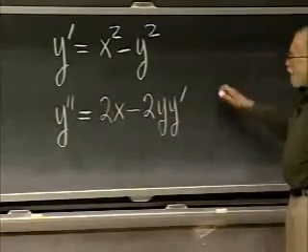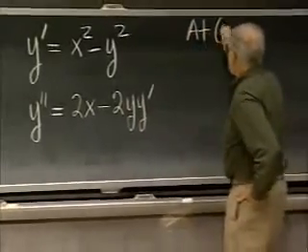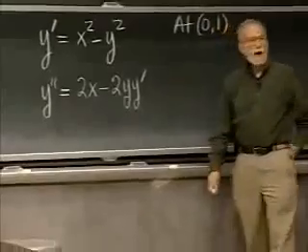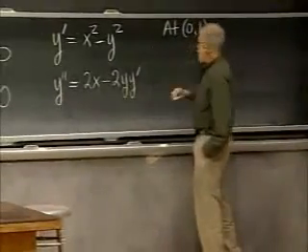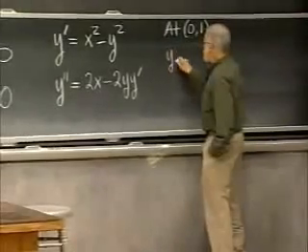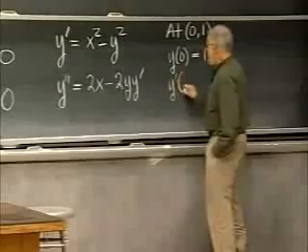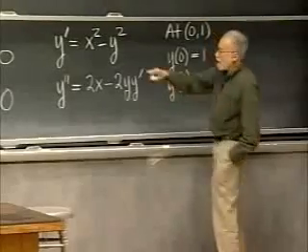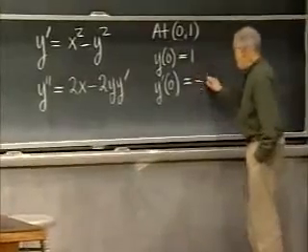So if I want to calculate at 0, 1, in other words, if my starting point is that curve convex or concave, well, let's calculate. y of 0 equals 1. What's y prime of 0? Well, I don't have to repeat that calculation. Using this, I already calculated that it was negative 1.